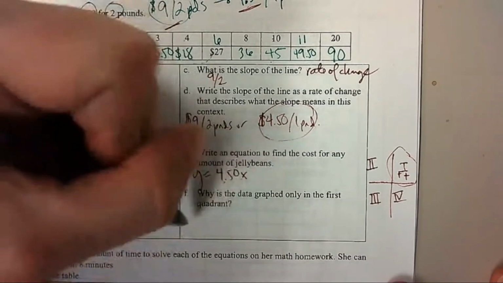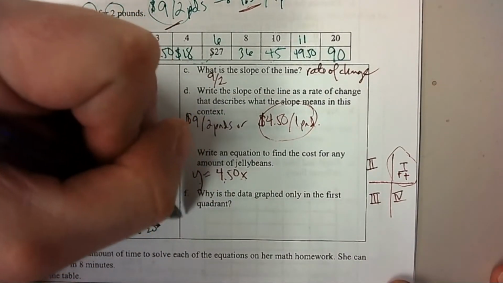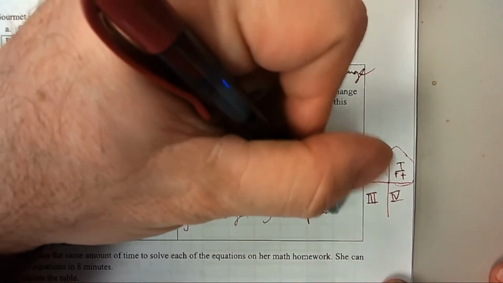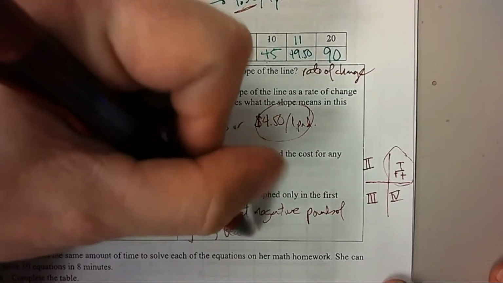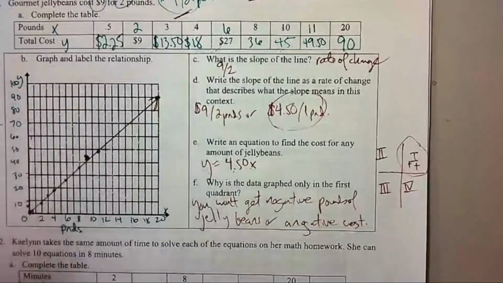So when it asks why is it graphed in the first quadrant, we can simply say that you won't get negative pounds of jelly beans, or a negative cost.